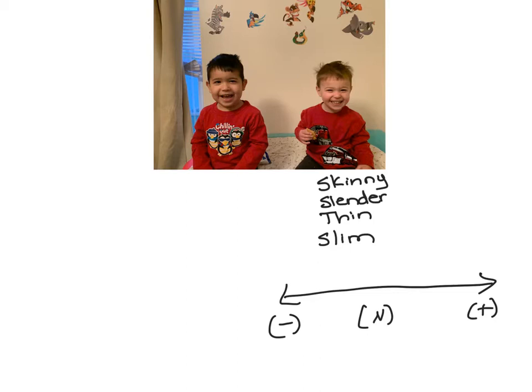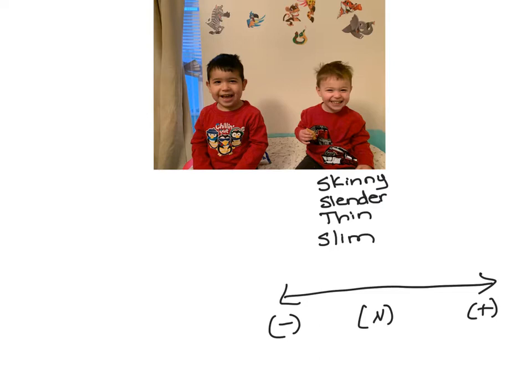So we're going to pretend that this is one of those times where the writer wants to emphasize the looks of someone. So we're looking at Riley. You want to choose the word that is the least offensive to me.